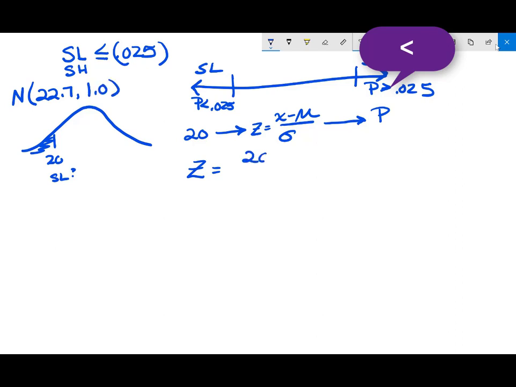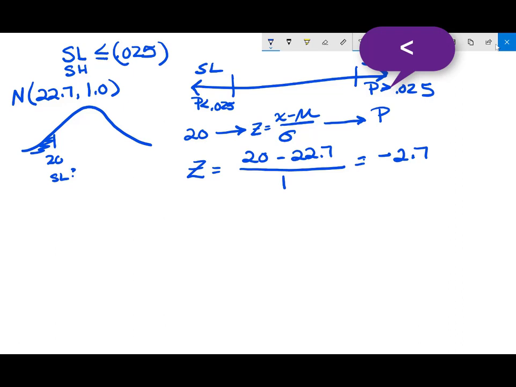So we're going to take our 20 minus 22.7. I think you can see we're going to get a negative z-score divided by 1. So it's going to come out to be negative 2.7. Okay, so let's take it to StatCrunch, and I want to put in for my x a negative 2.7. And I want to find the probability, and I put in less.